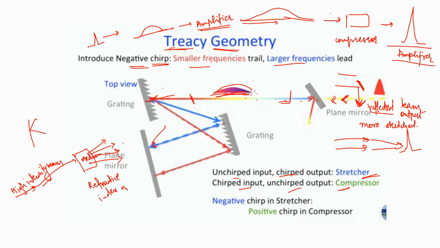These components in the output beam are separated enough, and therefore this process is called chirping. Okay, what is it called?